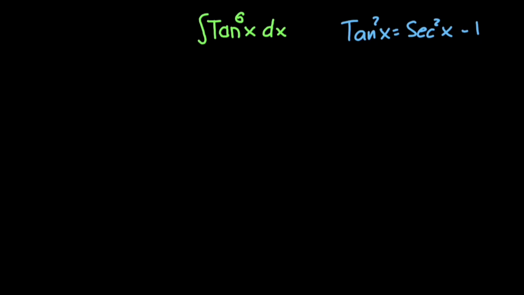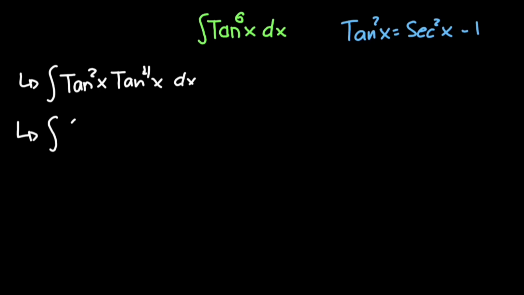Tangent to the power 6x. So, factor out one tangent squared of x, and transform tangent squared of x according to its identity.